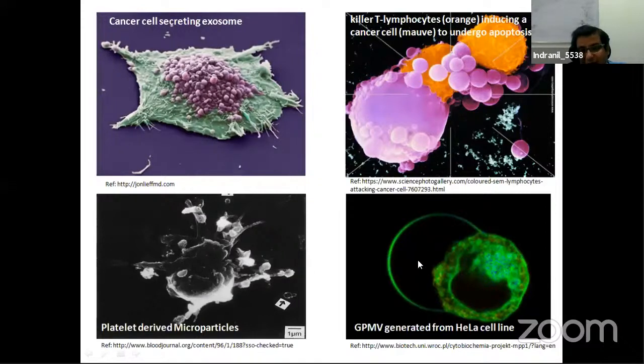And the last one, as I said, we'll discuss in detail. This one is a giant plasma membrane vesicle. You can see this bigger, brighter green in one cell, and from this one cell you get another vesicle of almost similar size. That's why they are generally termed giant plasma membrane vesicles. I'm giving these just to give an idea of how these different kinds of plasma membrane vesicles look.